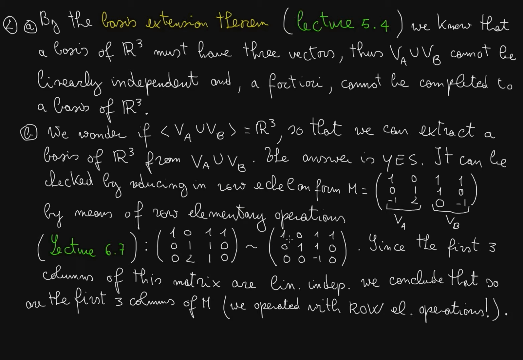In particular, we see that the first 3 columns are linearly independent. And since the first 3 vectors of this matrix are linearly independent, we conclude that so are the first 3 columns of M, because we operated with row elementary operations, therefore the linear relationships between columns remain unchanged.